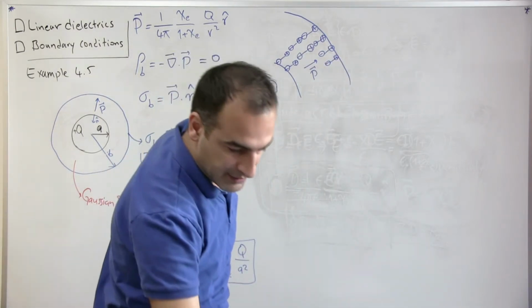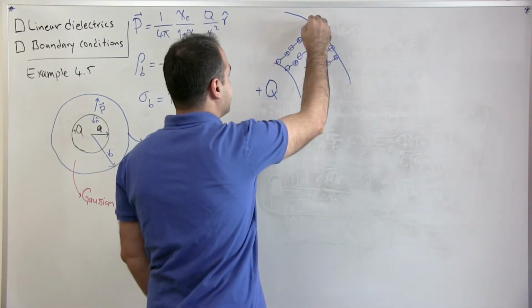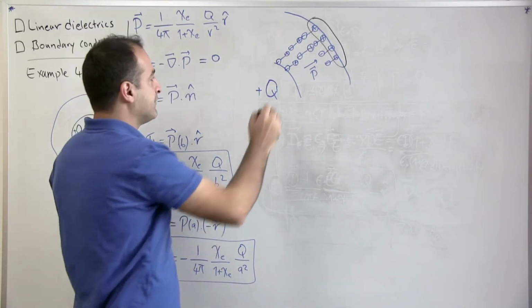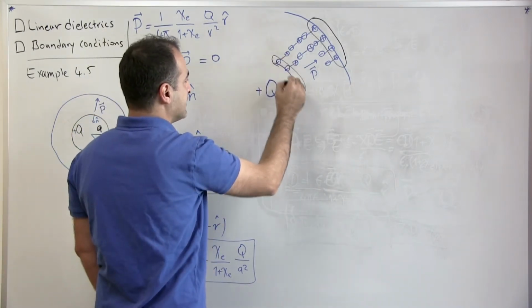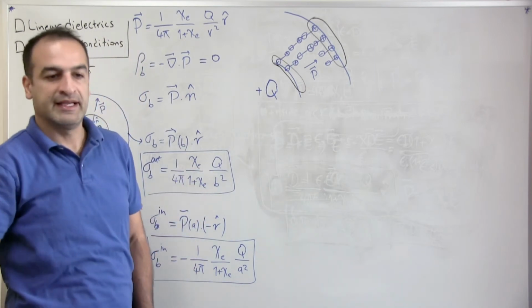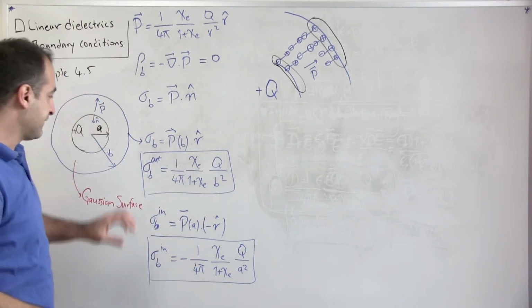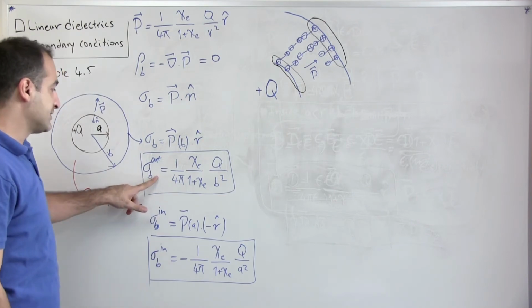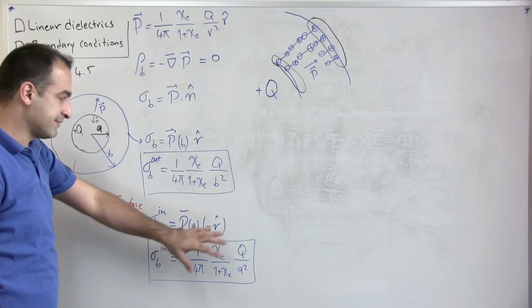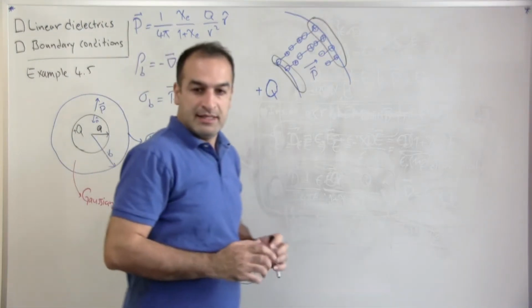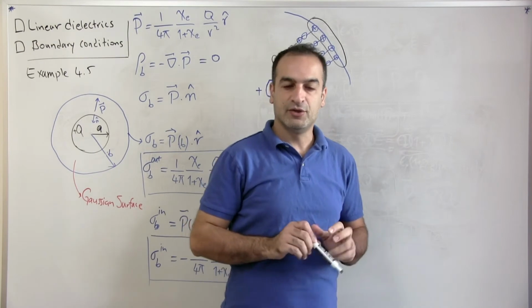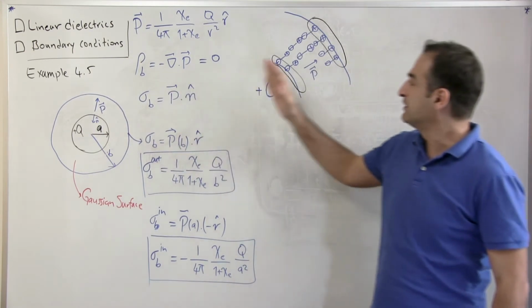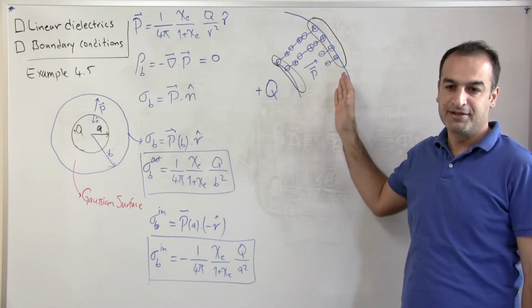So if you focus on the outer surface, you see all these positive charges. If you focus on the inner surface, you see the negative charges. That's why we expect that if Q is positive, sigma B, the induced charge on the outer surface, is positive, and on the inner surface, is negative. Sounds good? I hope it gives you some insight into how polarization creates surface charges, bound charges.